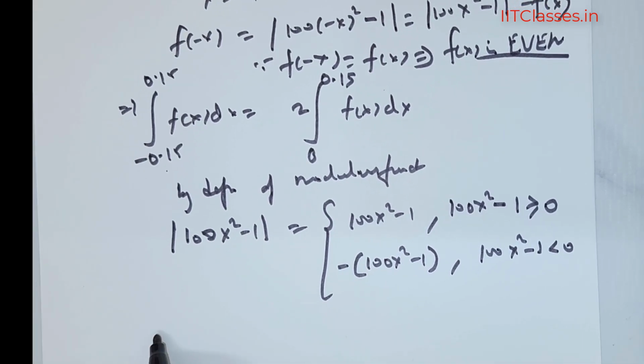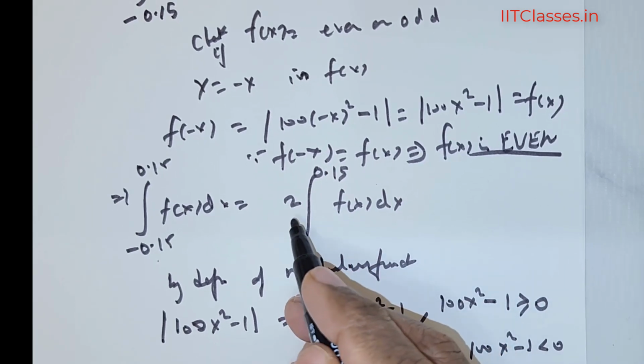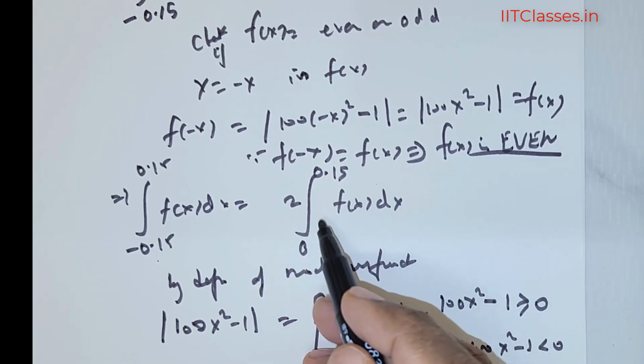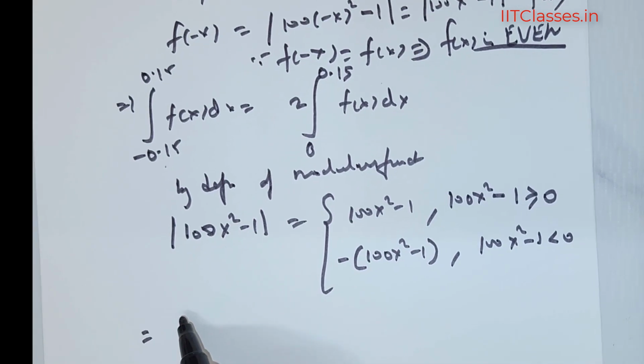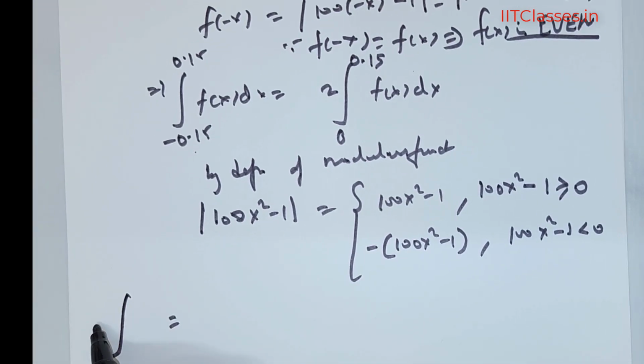Now, by this definition, we will be breaking this integral, the product of 2 times this quantity, in the following fashion. So I'm going to write that.